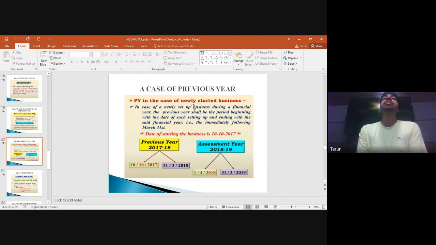Assessment year is that year in which the income earned is taxed. So for example, your income is calculated on all the previous years, but for which year it is calculated, that is 2023 to 2024.